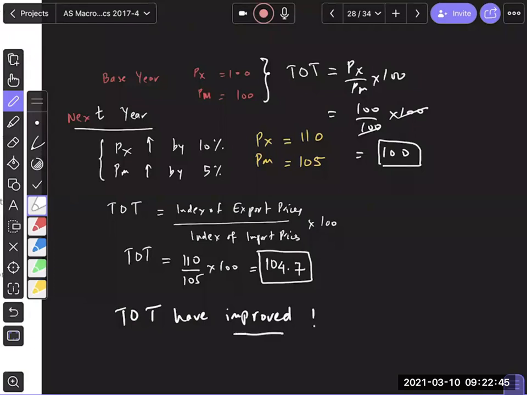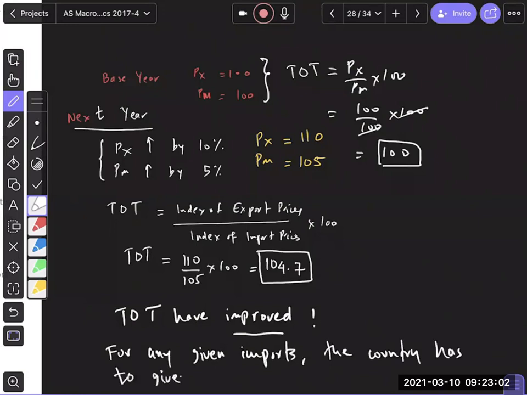And this means for any given imports, the country has to give up less exports now.